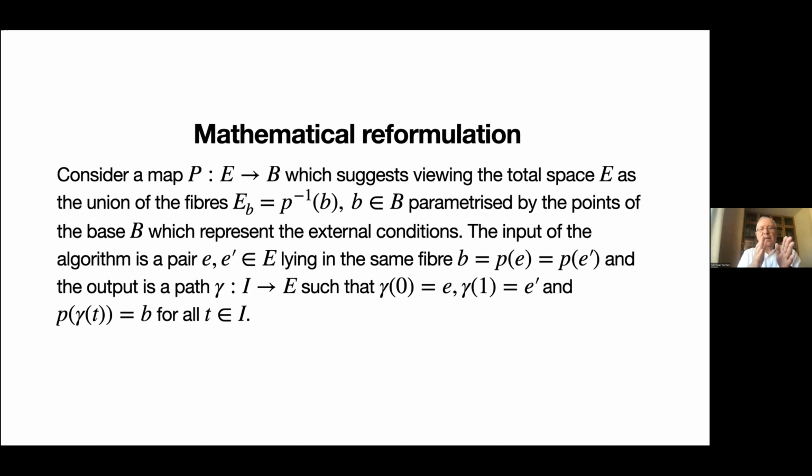So the space E is a union of configuration spaces corresponding to different external conditions. And once we are given the external conditions and two points, e and e prime, lying in the fiber above the external conditions, which are consistent with those external conditions, then we want to produce a curve, a movement of our system from the state e to the state e prime, which also lies in this fiber, which means that for every moment t, this state gamma(t) is consistent with the external conditions b.